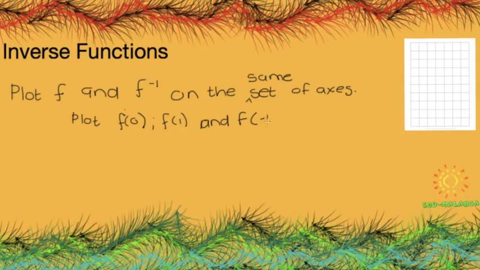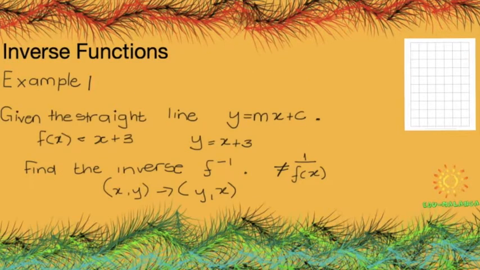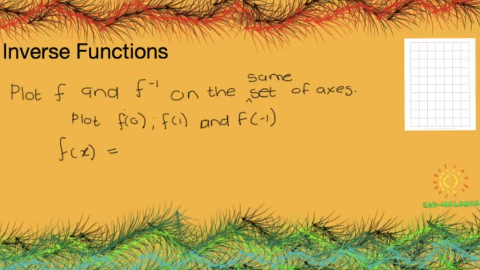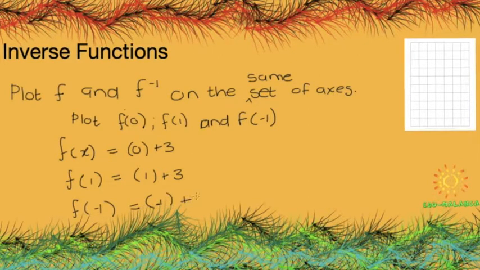f at -1. Okay. But remembering that we said f(x) is equal to, go back to the previous slide, x plus 3. So then we just say, here at 0, it's 0 plus 3. f at 1 then becomes 1 plus 3. f at -1 becomes -1 plus 3.